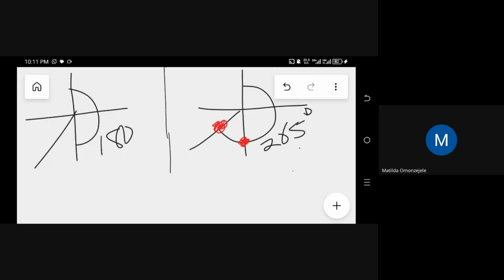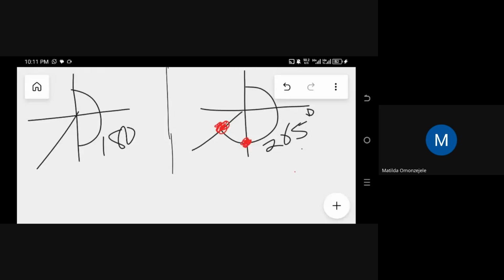Now there's an extra line there. It said from the north down to this line, let me mark it with purple. From the north down to that place marked purple is 265.